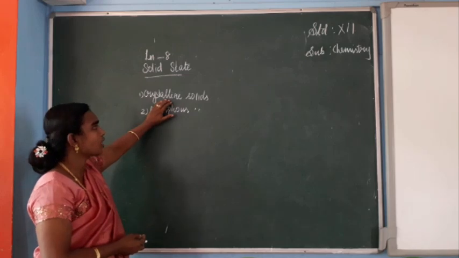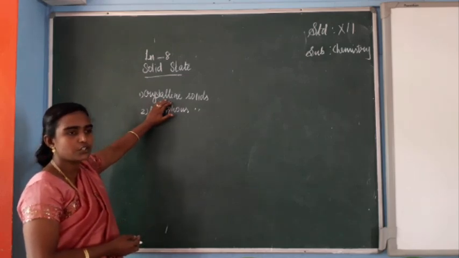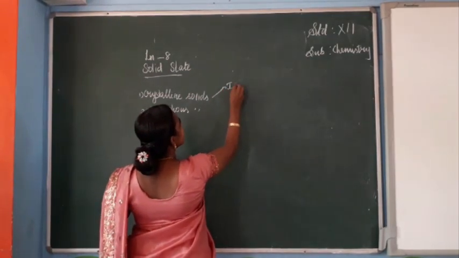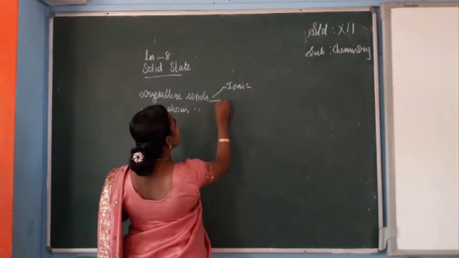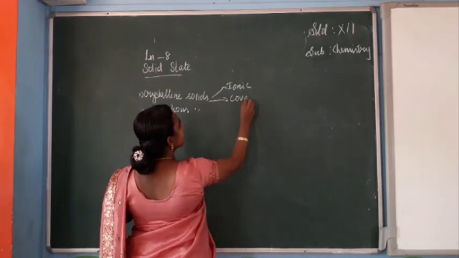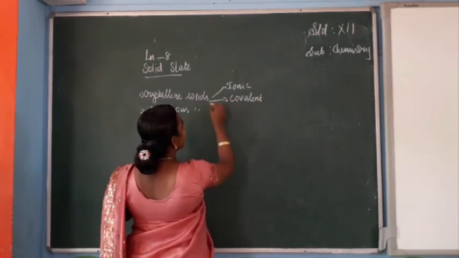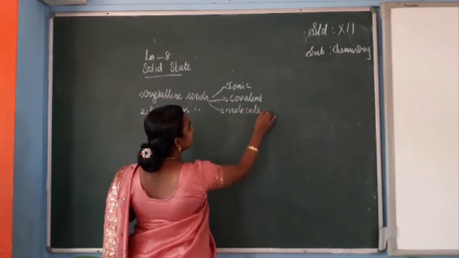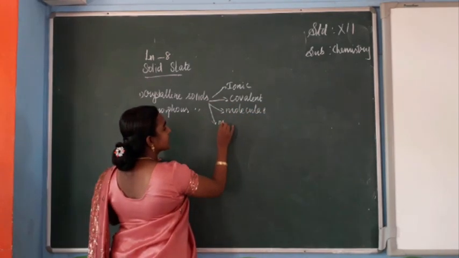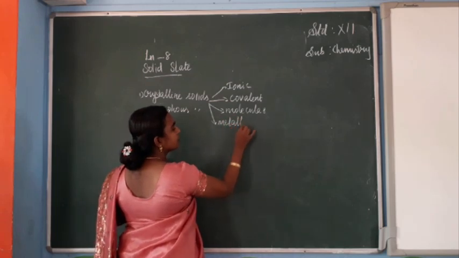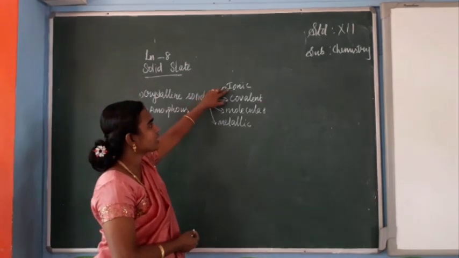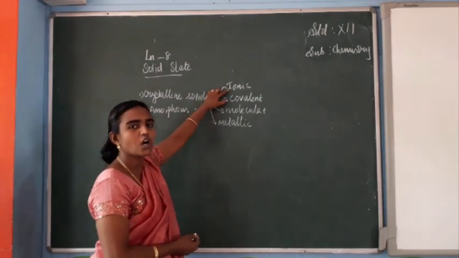Next, crystalline solids are broadly classified into ionic crystals, covalent crystals, molecular crystals, and metallic crystals, isn't it? In ionic crystals, the constituents are ions, maybe cation or anion.